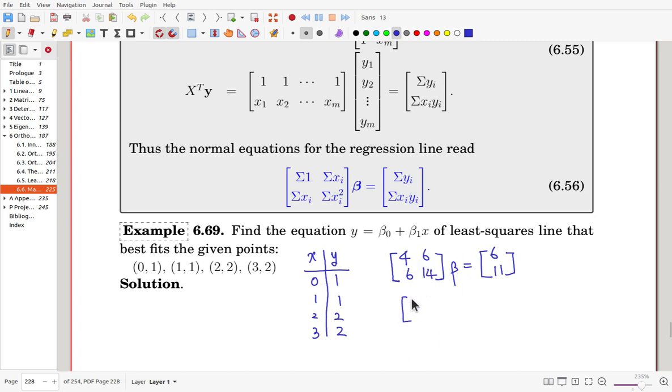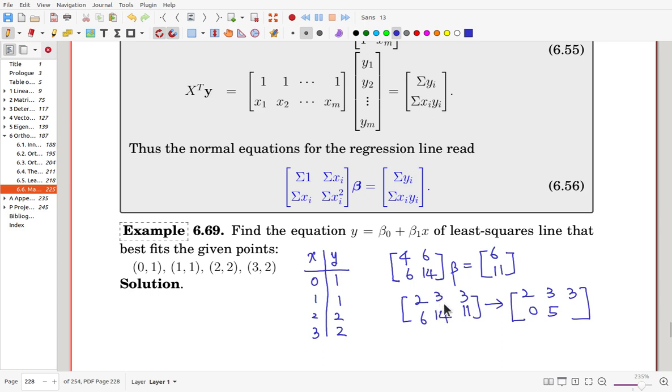Divide by 2, so that'll be 2, 3, 3, and there's 6, 14, and 11. From this augmented matrix, we get 2, 3, 3, and 3 times subtraction will make a 0. 3 times subtraction will make a 5.